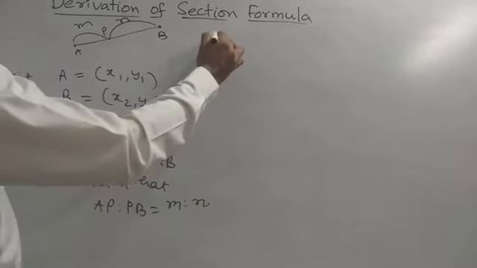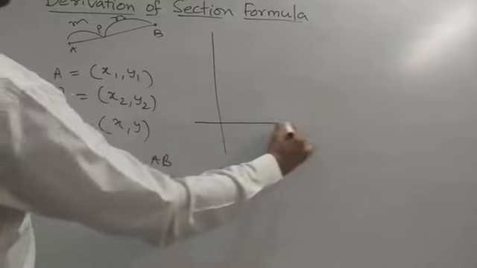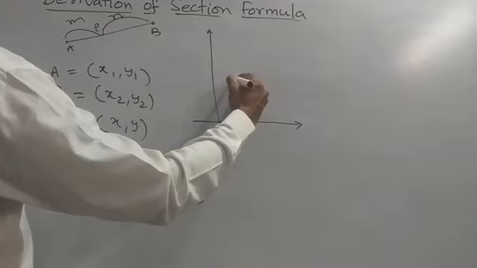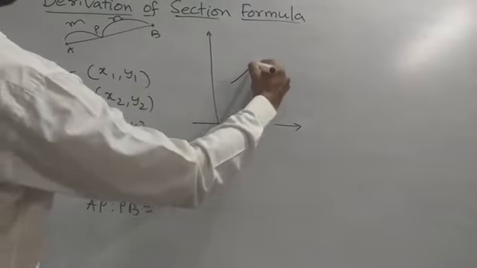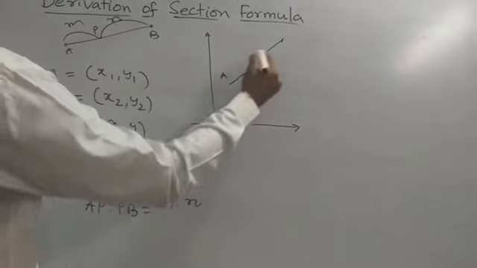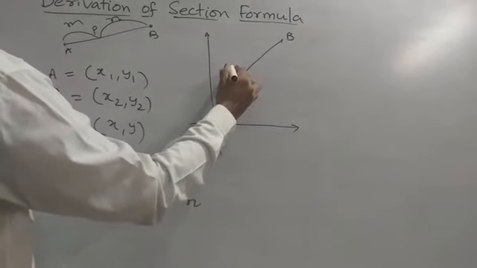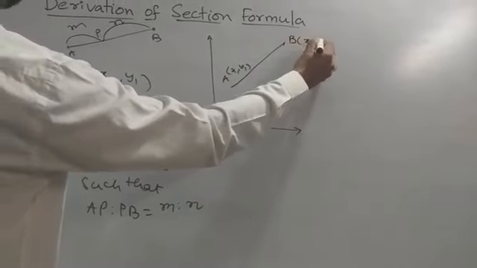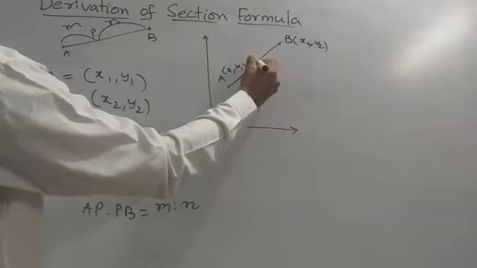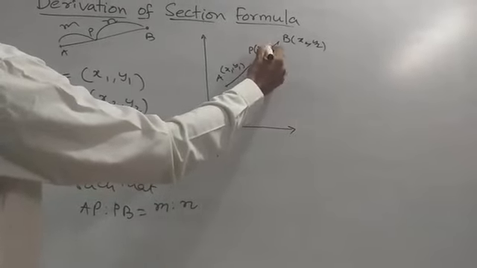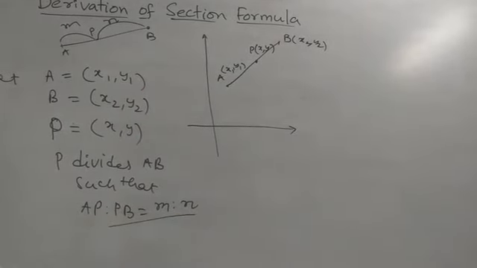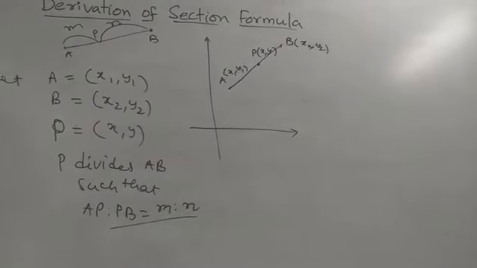For that, we need to consider the coordinate plane. Imagine 2 points A and B here, A of (x1, y1) and B of (x2, y2) are the endpoints, and P is some point here, say (x, y). The condition we have already mentioned: AP is to PB equal to m is to n.